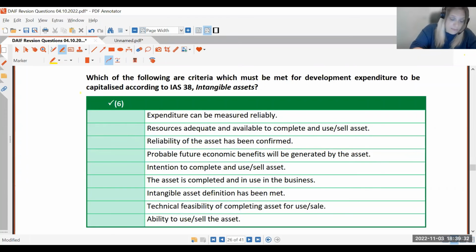So let's have a look. We're using PIRATE. So let's find our P. Probable future economic benefits will be generated by the asset.